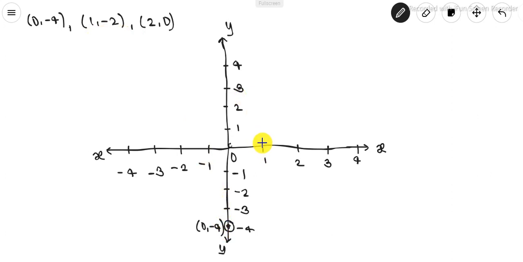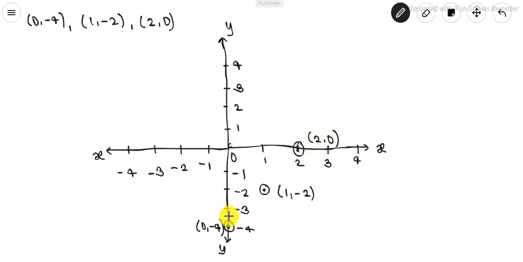That is, 1 is on the x-axis and minus 2 is on the y-axis. So this is the second coordinate, 1 and minus 2. Now the third coordinate is 2 on the x-axis and 0 on the y-axis. Therefore this is the third coordinate, 2, 0.